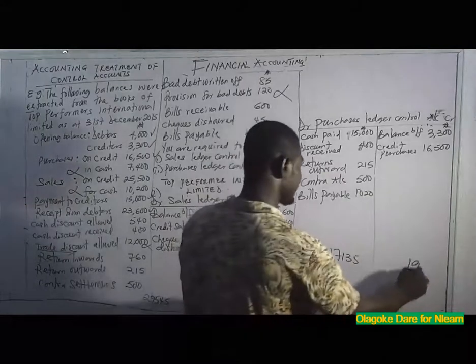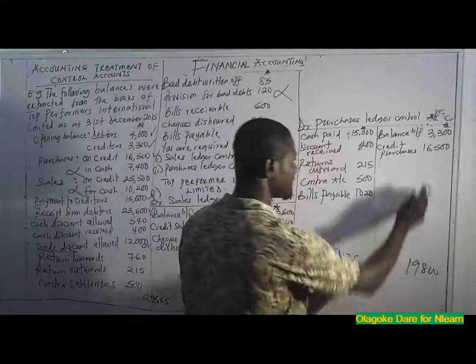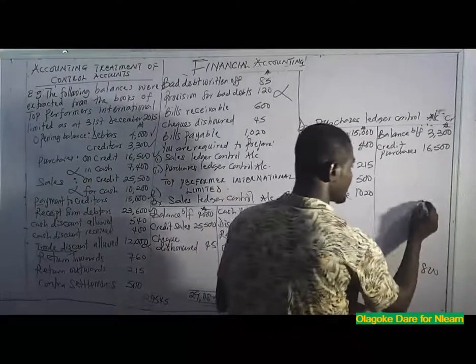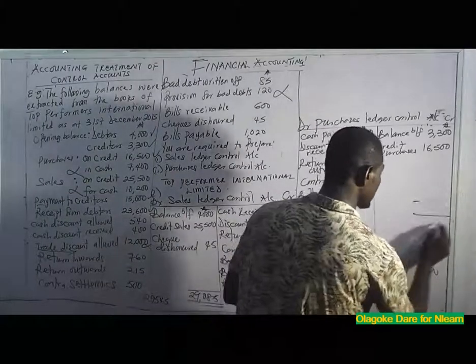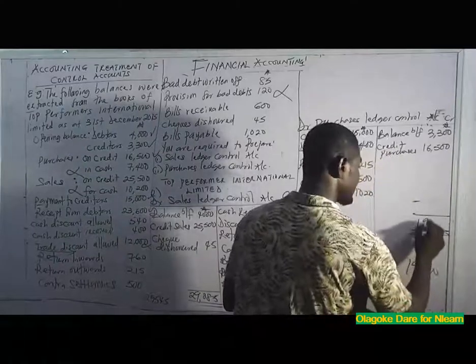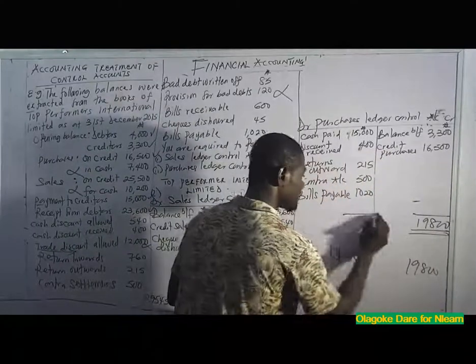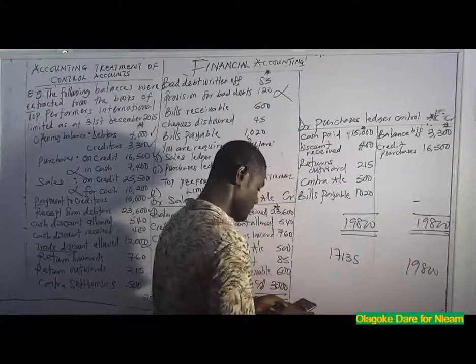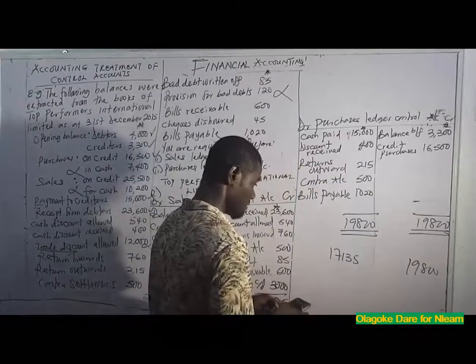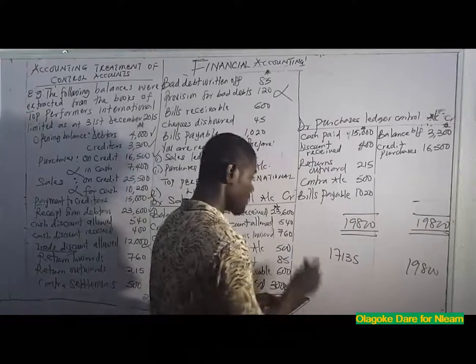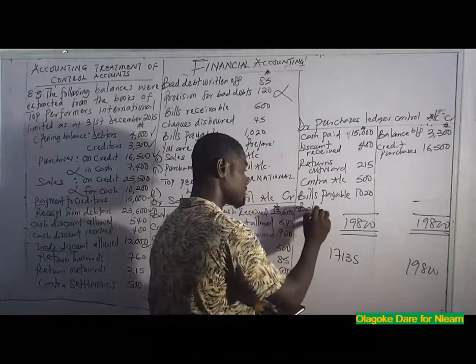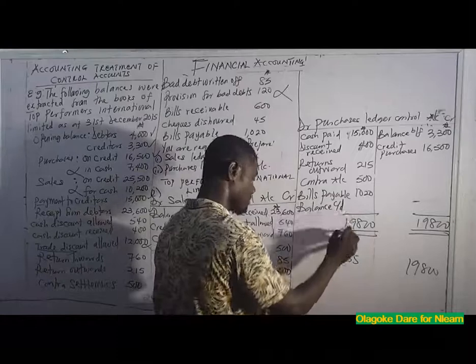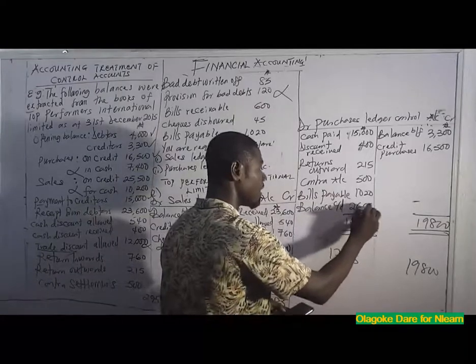Here we have 19,800. That means here is greater. So we have 19,800. Let's remove this value. So our balance carried down is 2,665.